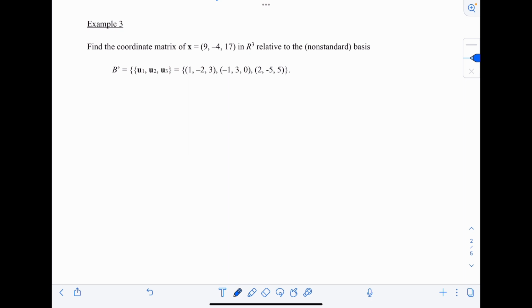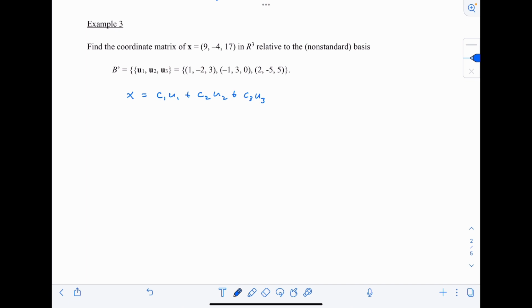Here's the idea. We know that x, this (9, -4, 17), is a vector in V, in this case specifically in R3, that is produced by a linear combination of the vectors in B prime. In other words, if I take c1 times u1, not v, we're using u here, plus c2 times u2, plus c3 times u3, that is going to give me the vector (9, -4, 17).